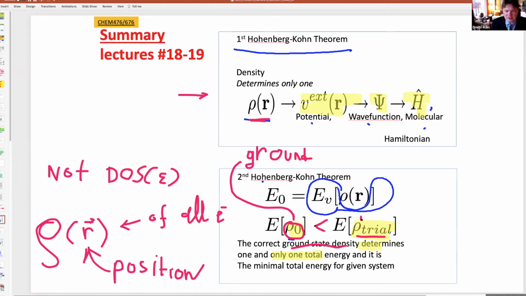And trial means some arbitrary density. Here is the letter A, not orbital, but arbitrary, which means like random. Now it's good.